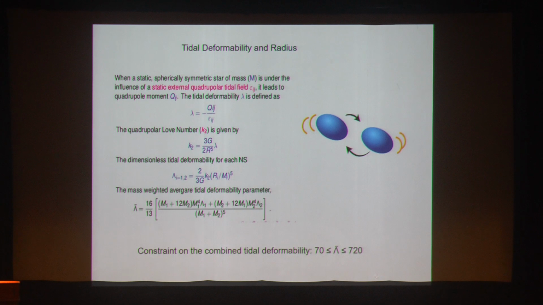Here it is 10 to 12, 13 kilometer. So what does this data imply? It implies that in the NICER case, we need a stiffer equation of state, whereas in the gravitational wave case, it is a softer equation. So though there is an overlap, there is some tension between these two measurements.